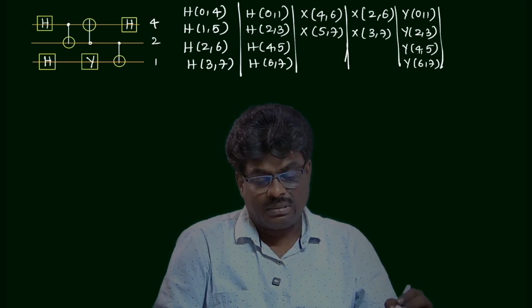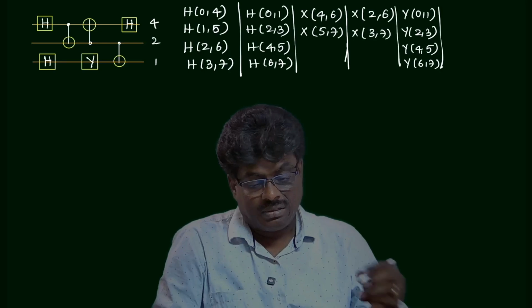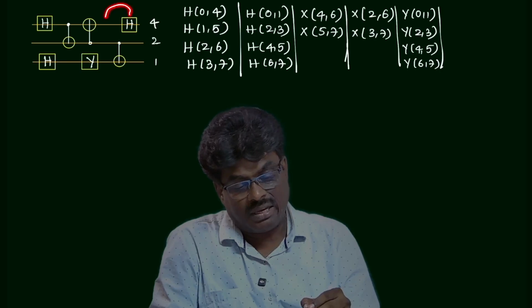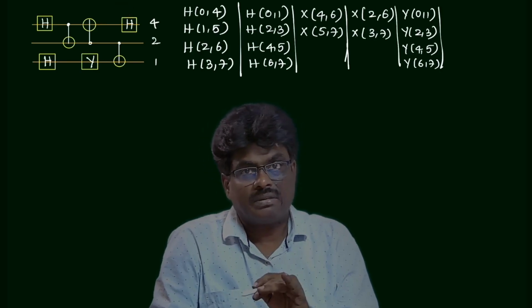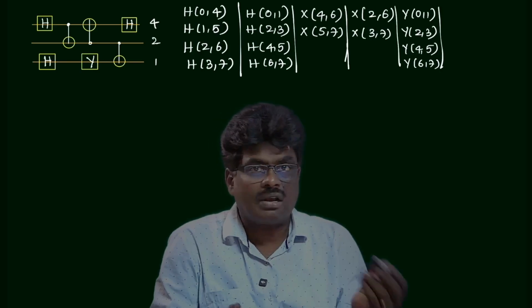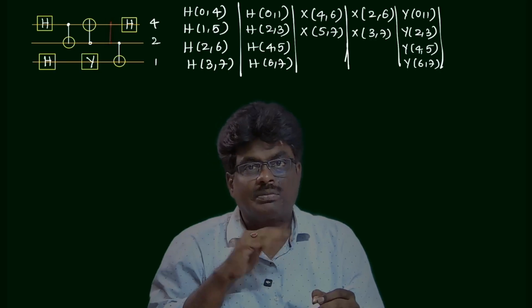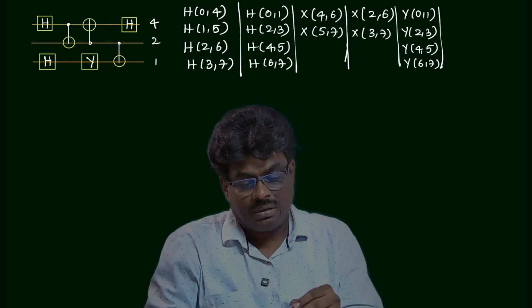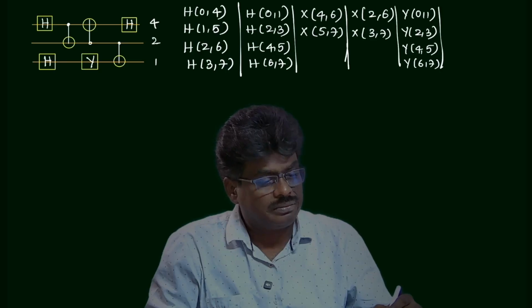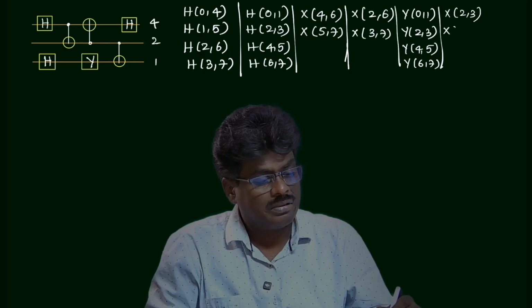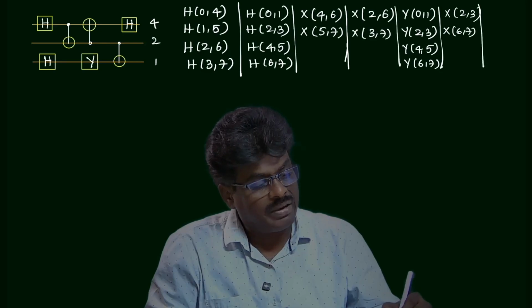Next we have this is C0 operation, and here also you can take here this H either before this C0 or after C0, no issue, because there is no connection between 2 and 4. That's why you can write. So now I am taking C0 again, that is 2 to 3 and 6 to 7, and finally we have Hadamard.